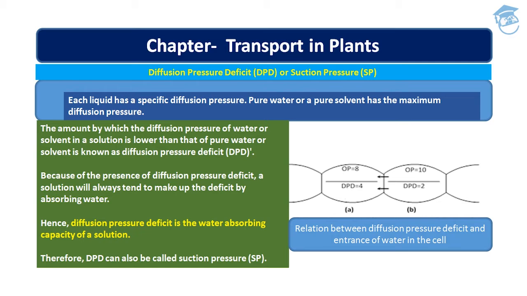So diffusion pressure deficit is the water absorbing capacity of a solution. When it is 4, it has more water absorbing capacity than DPD equals 2. So this has a little less water absorbing capacity.